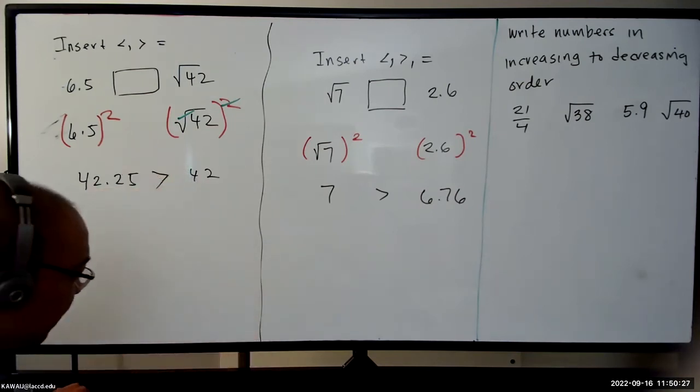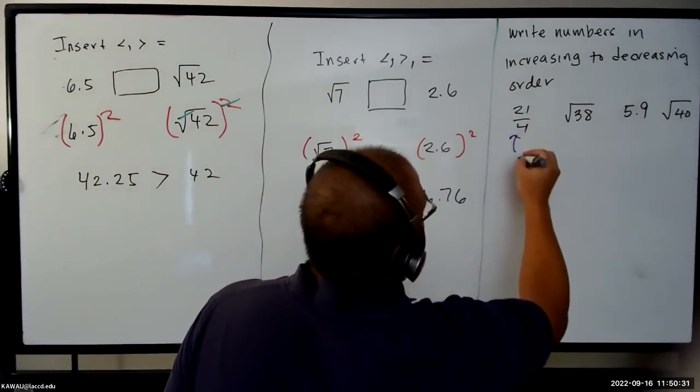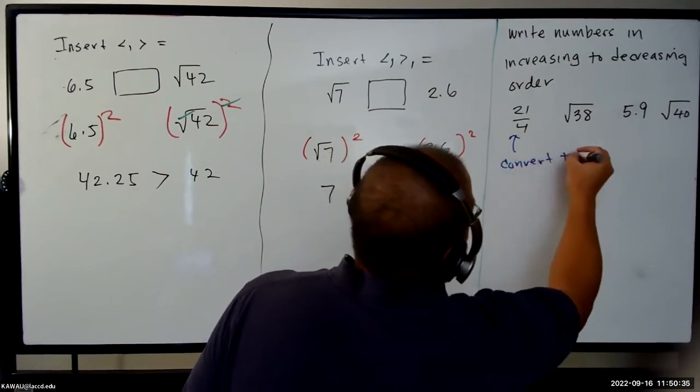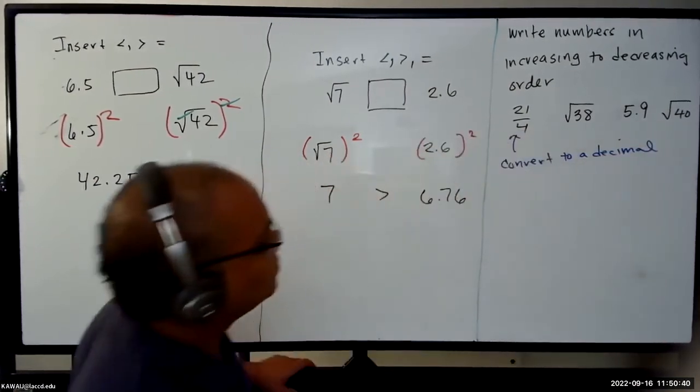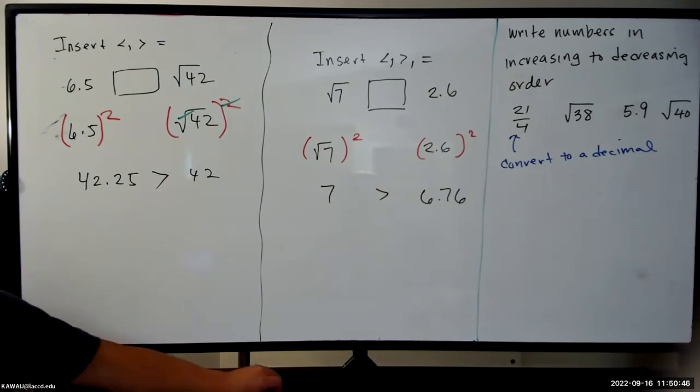So whenever they give you a fraction, what they want you to do is convert to a decimal. It's a lot easier to compare decimals than it is fractions or anything else.